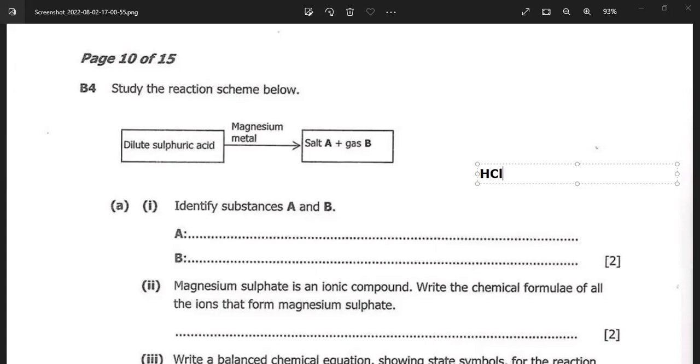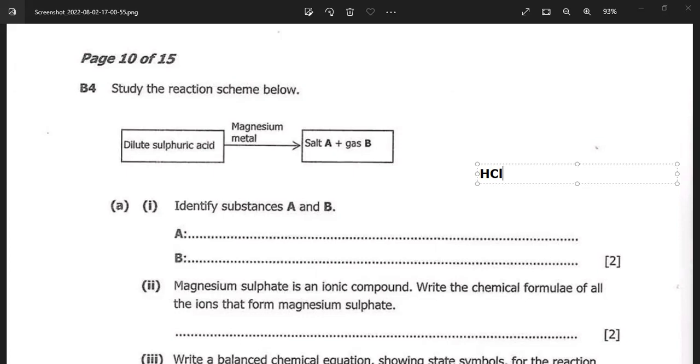Carbonic acid has a carbonate. Phosphoric acid has a phosphate. So you can see that most of these acids have a radical.